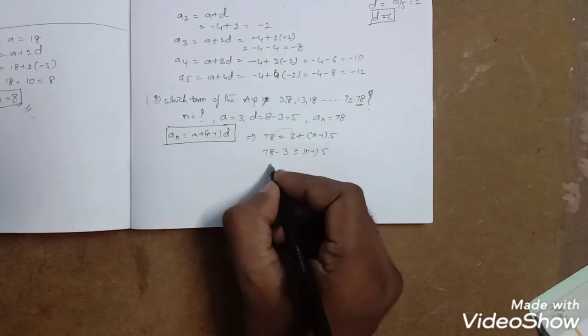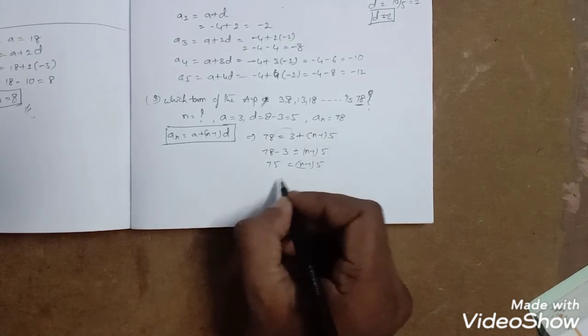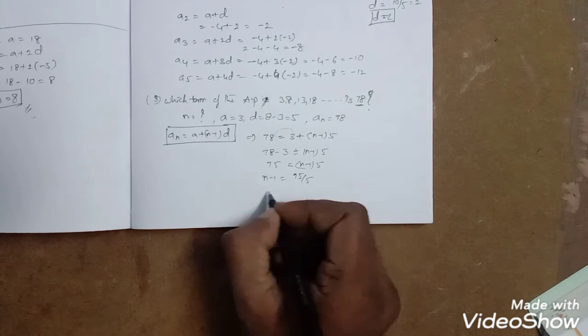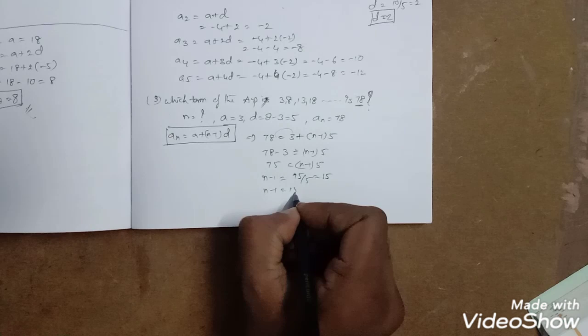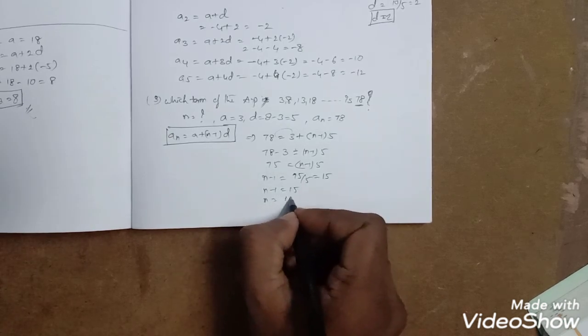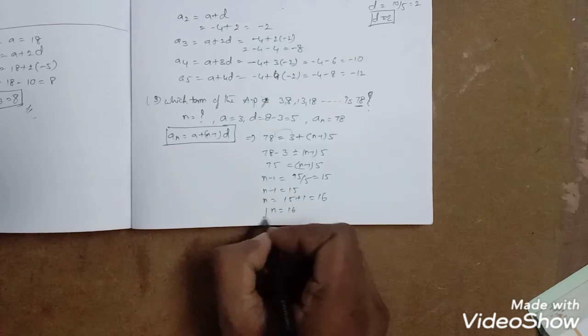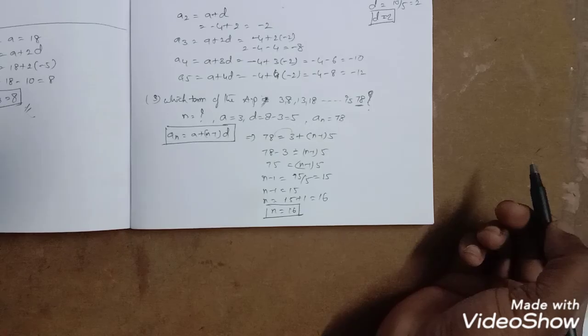Now 78 minus 3 is 75 is equal to n minus 1 into 5. Divide this by 5. You will get n minus 1 is equal to 75 by 5, which is nothing but 15. So n minus 1 is equal to 15 means n is equal to 15 plus 1, which is nothing but 16. So therefore n is equal to 16. So in the 16th term I am getting 78.